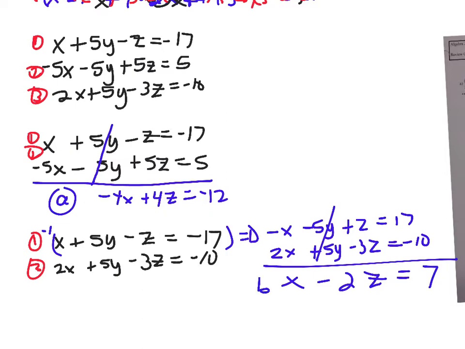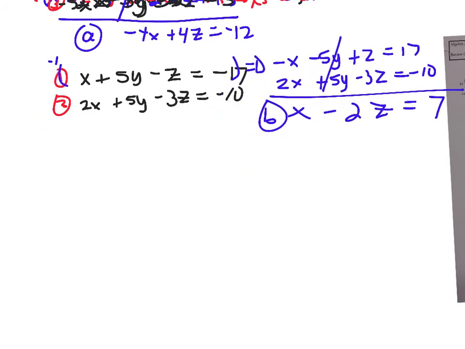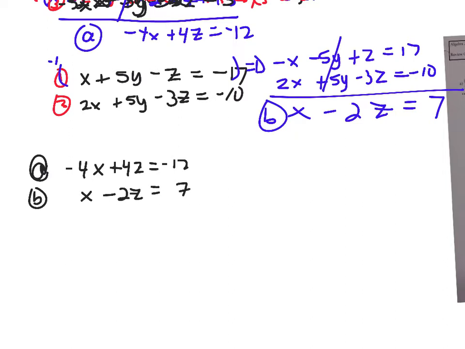All right, so that's B. So now I'm going to rewrite A and B together. A is negative 4x plus 4z equals negative 12. And B is x minus 2z is equal to 7. I'm going to multiply the bottom equation by positive 4.